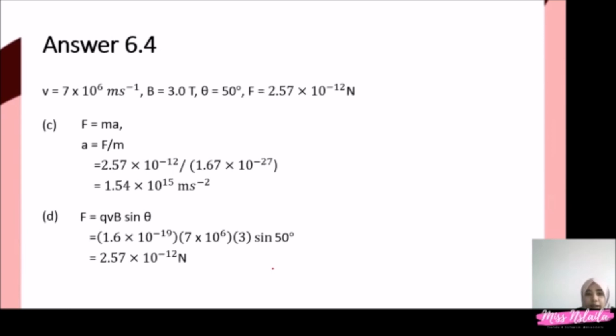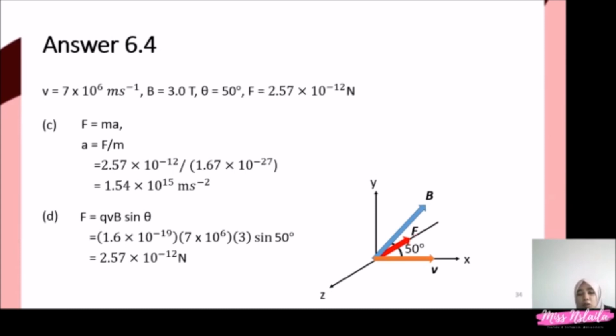Cuma arah dia akan berbeza, or arah dia akan bertentangan. Okay, bila kita gantikan proton dengan electron, the force will be the same, but the direction will be opposite. Kalau tadi dekat positive Z axis, bila kita try to use hand rule, we will get the direction of magnetic force will be on this negative Z axis.